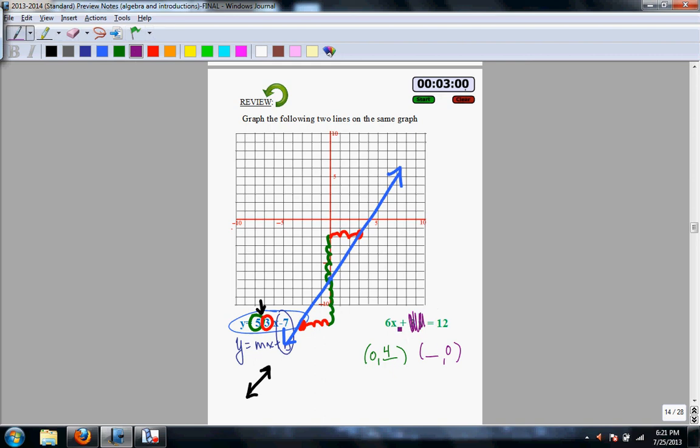I have 6x equals 12, so x equals 2. I graph those two components. 0, 4 is up here. That's 0, 4. And 2, 0 is right here. So for this line right here, it's going to look like this. You could have also changed it to y equals mx plus b. You should have gotten the same thing.